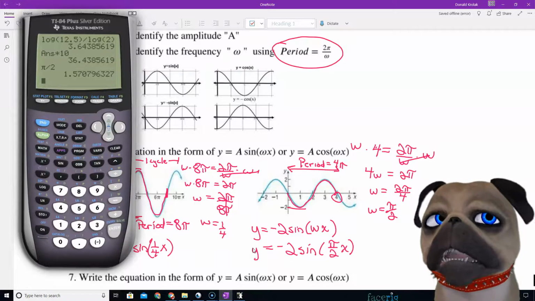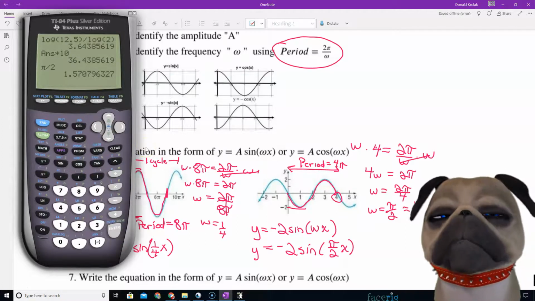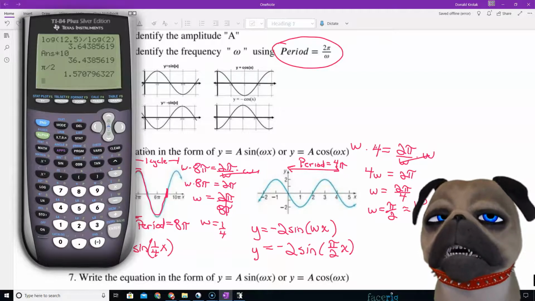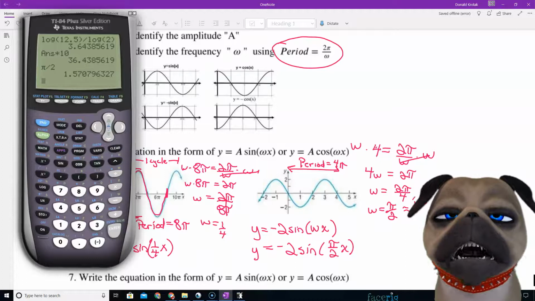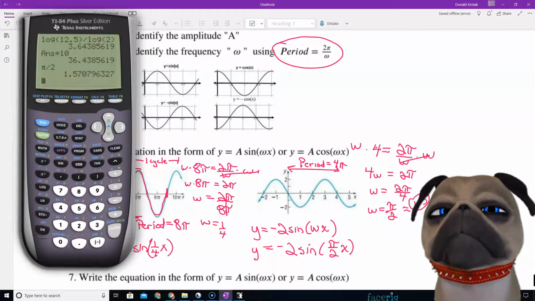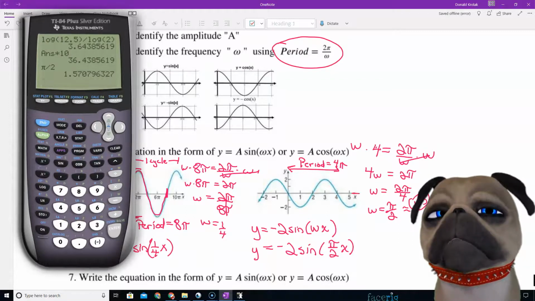Now pi over 2, I did it over here, is around 1.5, 1.6. So between 0 and 2 pi, we should see 1.5 cycles. Remember, 2 pi would be around 6.28.